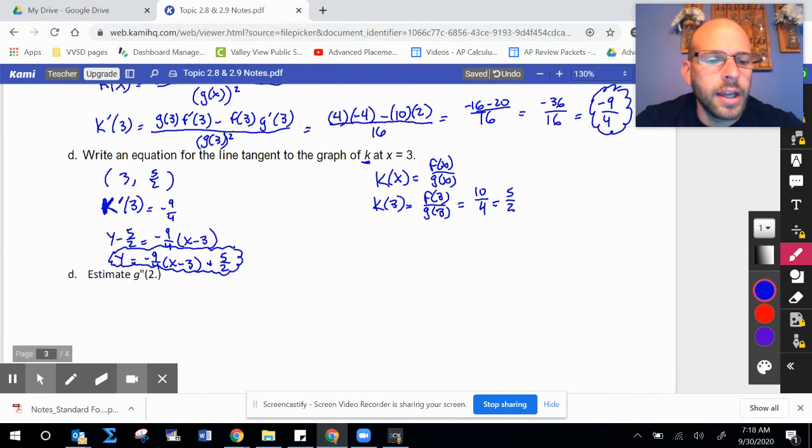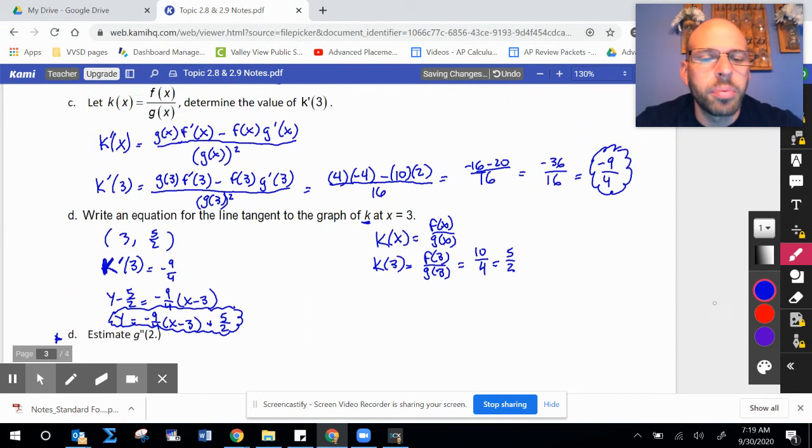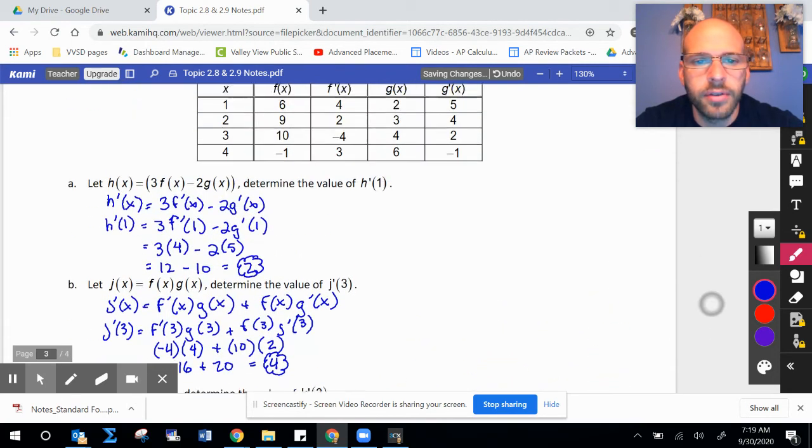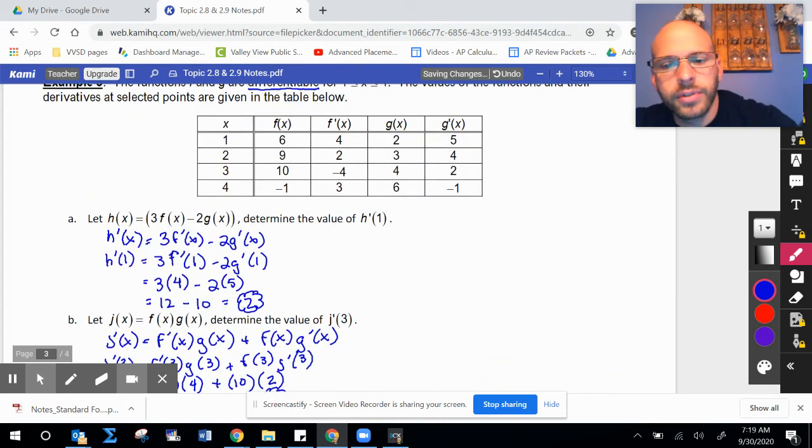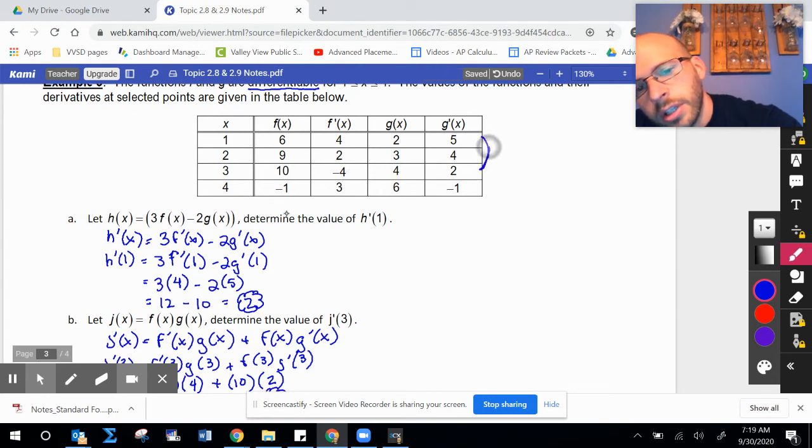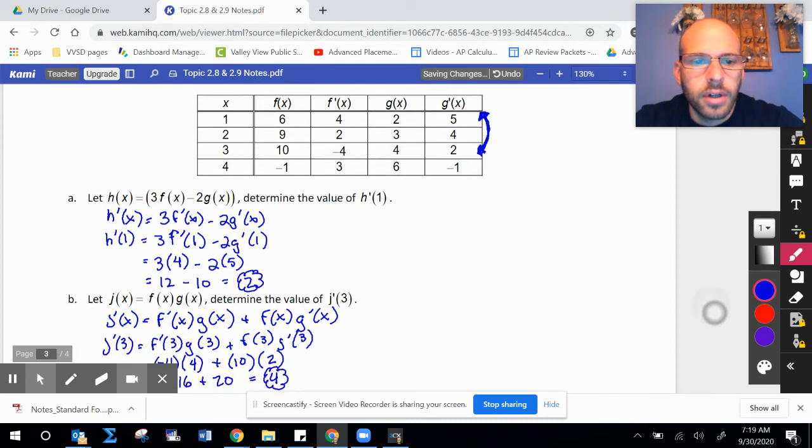Okay. Now I like part D. Estimate g double prime of 2. So the second derivative. So g double prime of 2, right? The best you can do is find the rate of change between g prime of 1 and g prime of 3, right?